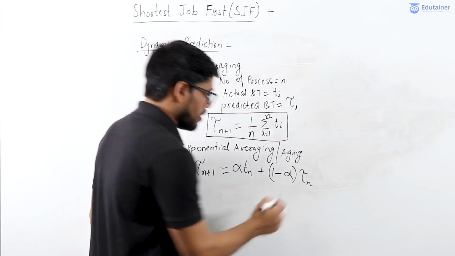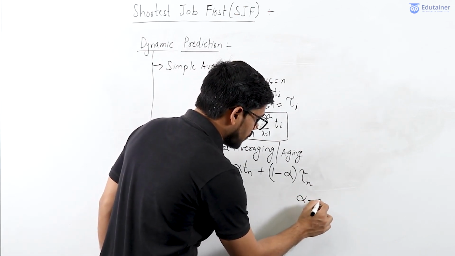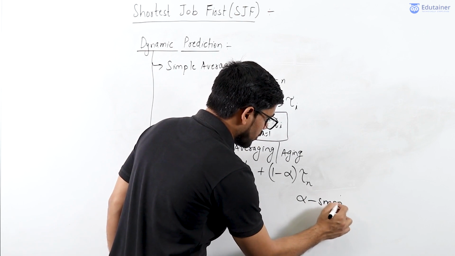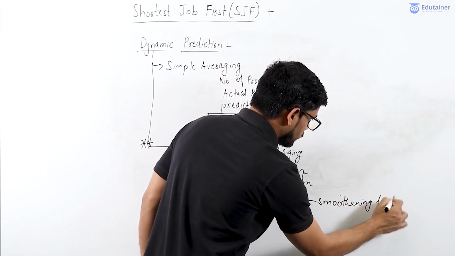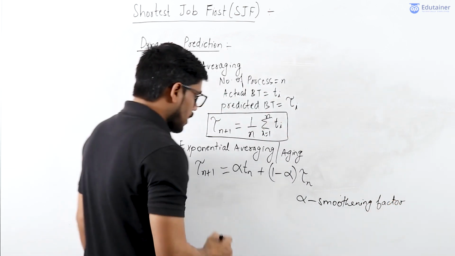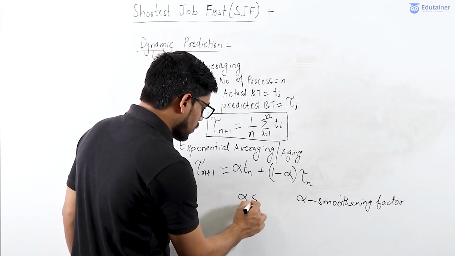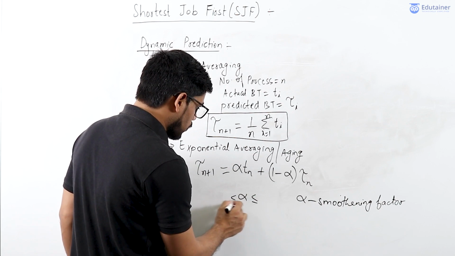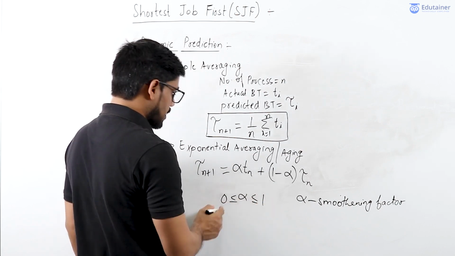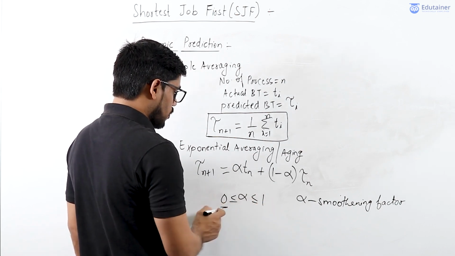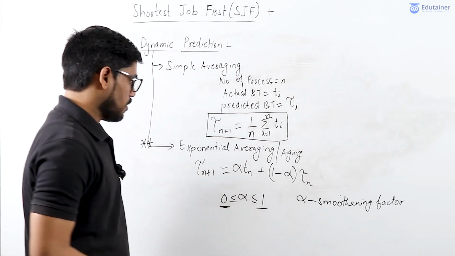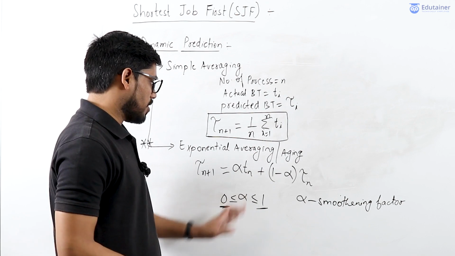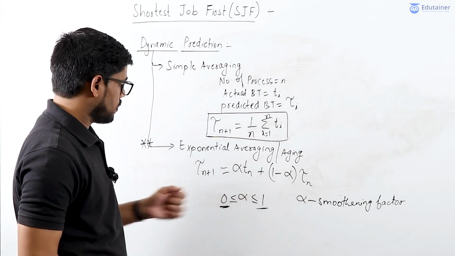Here alpha is nothing but a smoothing factor. The value of alpha belongs to 0 to 1, so it is greater than or equal to 0 and less than or equal to 1. This value fluctuates between 0 and 1.